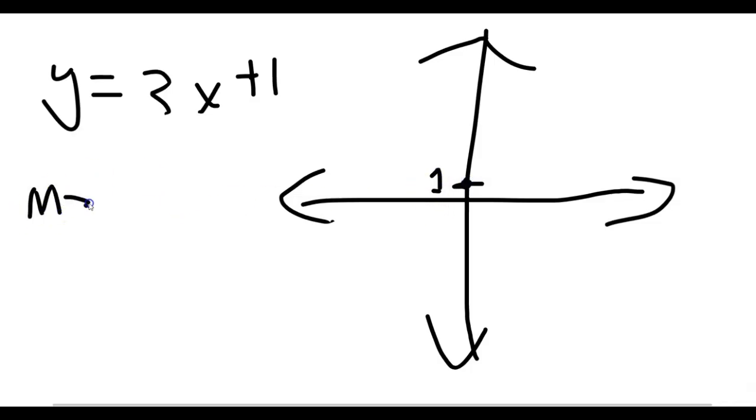Since our slope is 3 over 1, we're going to go up 3, 1, 2, 3, and then go right 1. Just like that. And then we get a point here, and then again 1, 2, 3, and 1 right, and we get another point. And that's how we graph it.